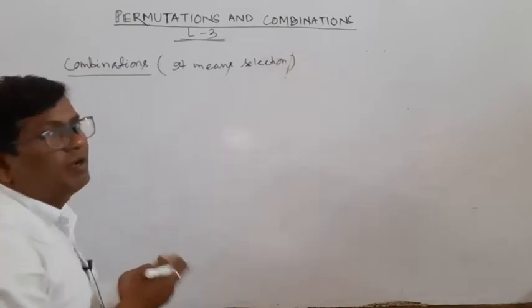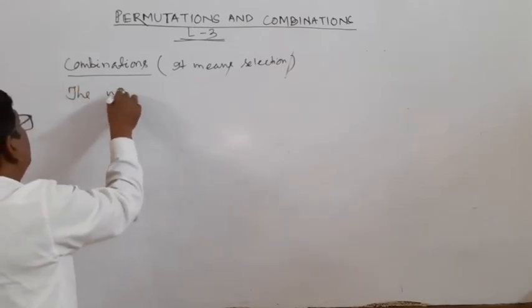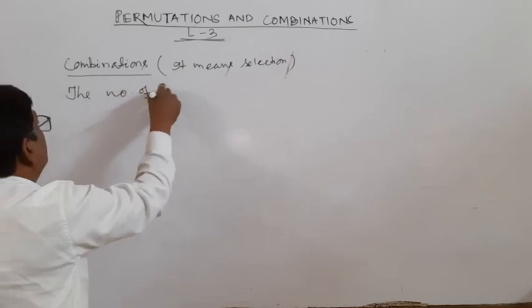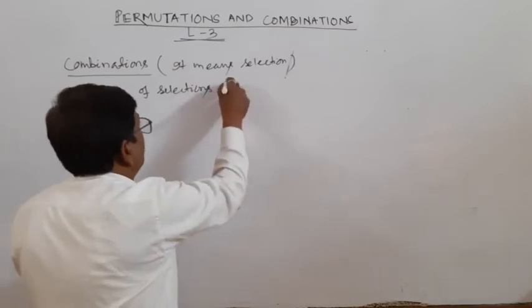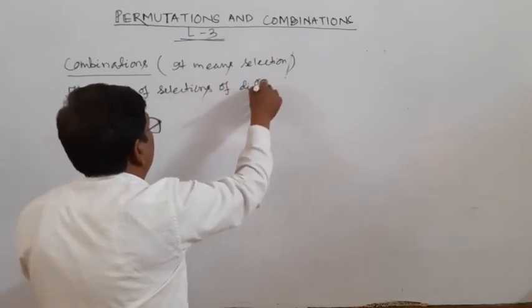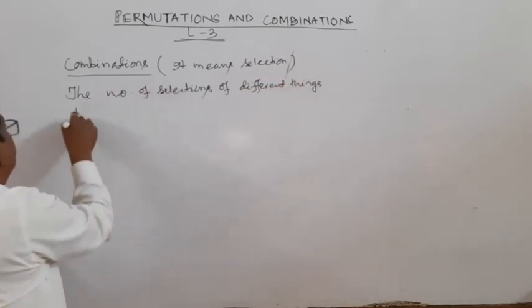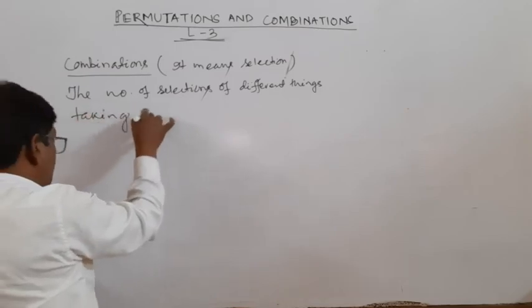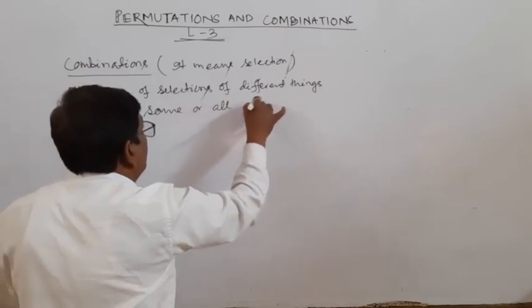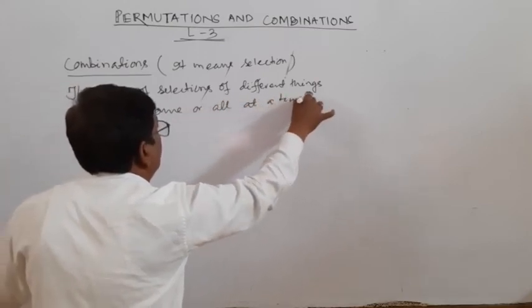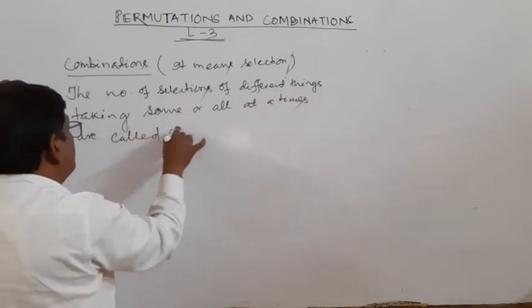The number of selections of different things taking some or all at a time are called combinations.